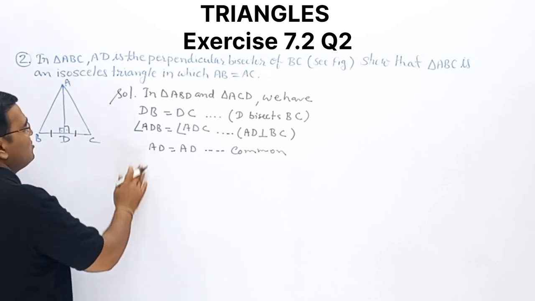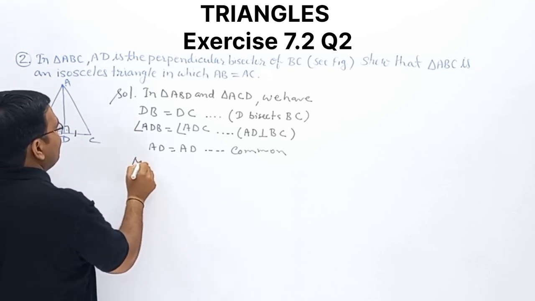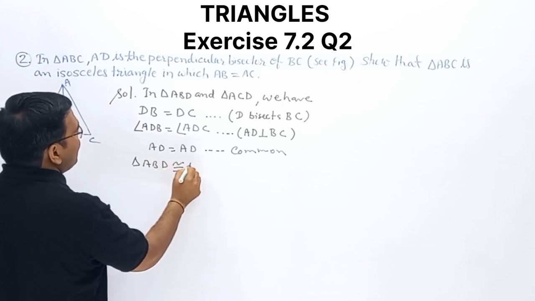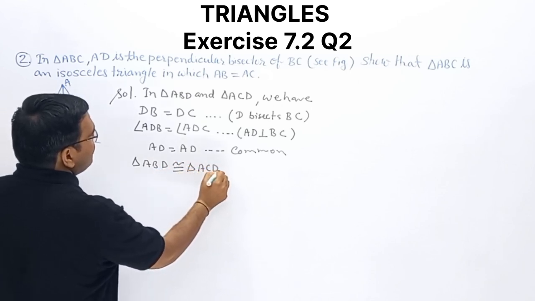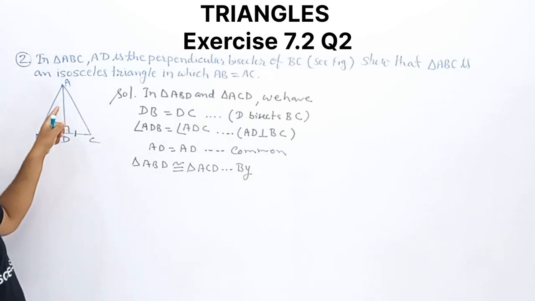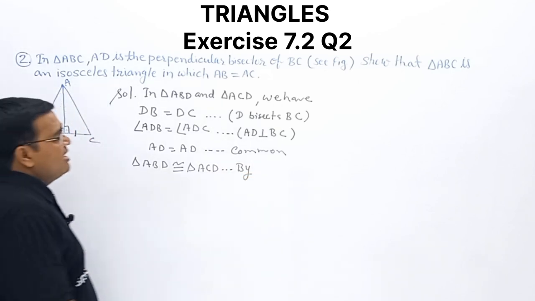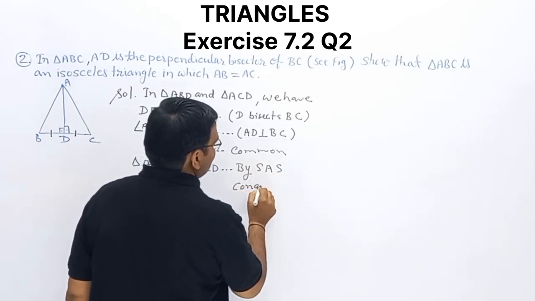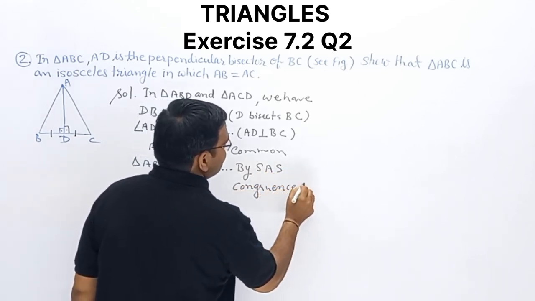So from these three things, we can say triangle ABD is congruent to triangle ACD by what congruence rule? Side angle side congruence rule.